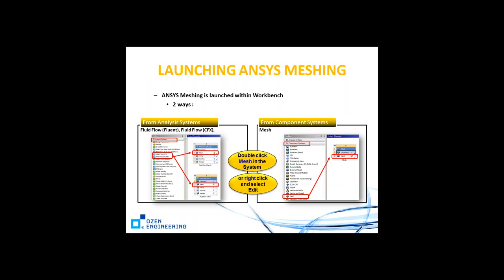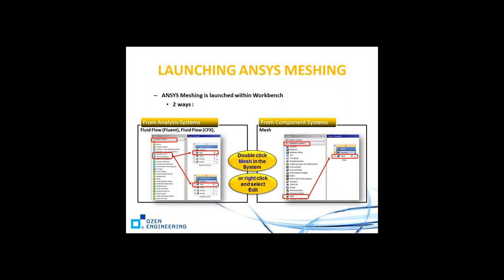And there are 2 ways you can launch ANSYS Meshing in Workbench. Everybody here a Workbench user? Okay. You can do it from analysis systems, which means if you're doing CFD or FEA, as you know, it starts with geometry and then the mesh module. Or you can do it from scratch.